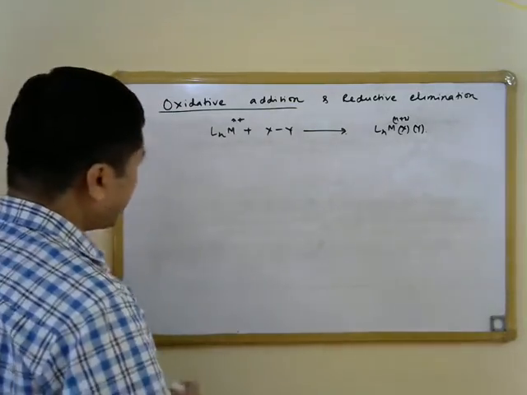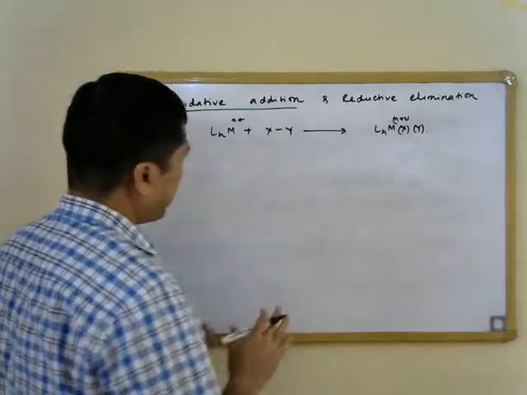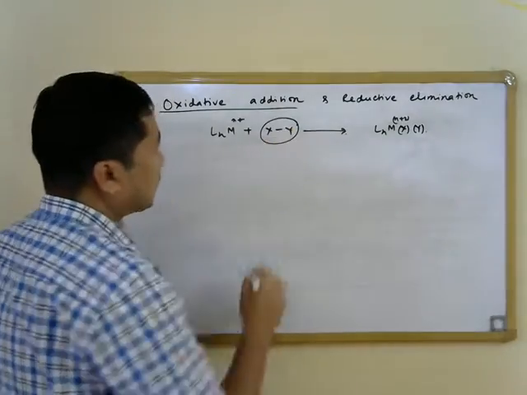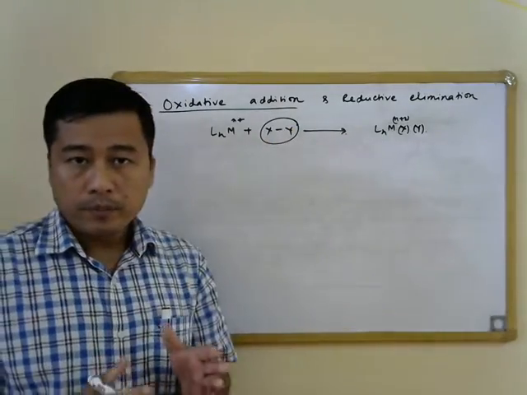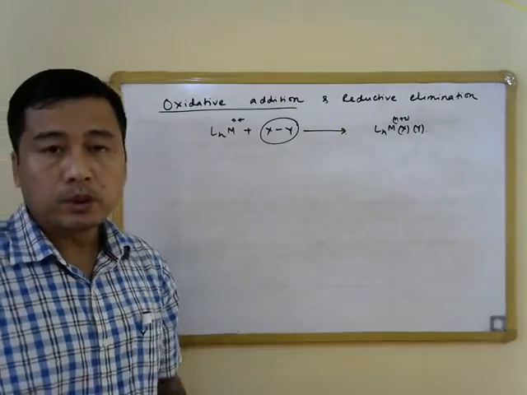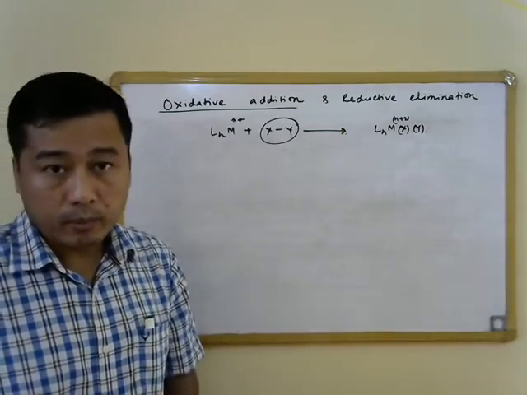That is the oxidative addition reaction, and the nature of XY essentially decides the mechanism or the pathway through which oxidative addition reactions are going to take place.